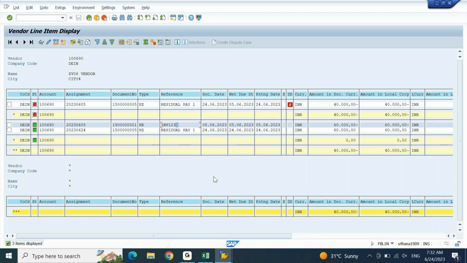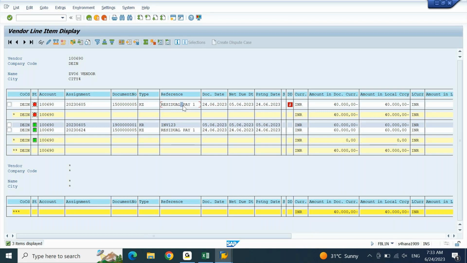Now, if I look at the other one, which is the residual line item opened up for the residual payment, here it is not having this invoice number. I have to instruct my user, please input this document number here. But this is a payment document. For a payment document, I may be using the reference column for updating the check number or bank transfer number, correct? Is that right?